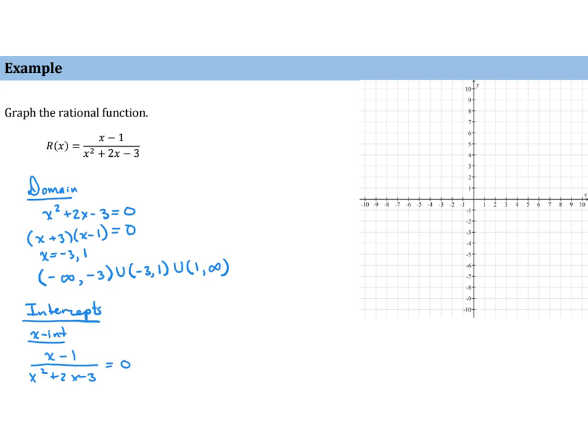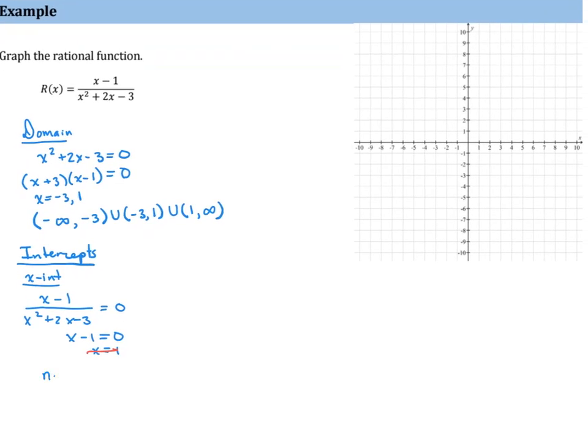If we multiply both sides by our denominator, we get x minus 1 equals 0, and that yields x equals 1. But wait, x equals 1 cannot be an x-intercept because 1 is not in our domain. So that tells us there are no x-intercepts.